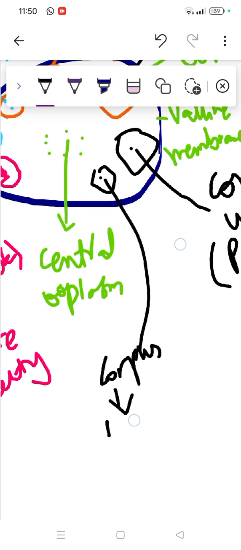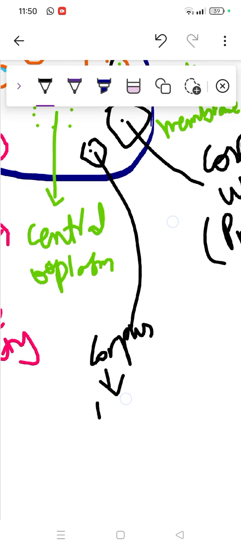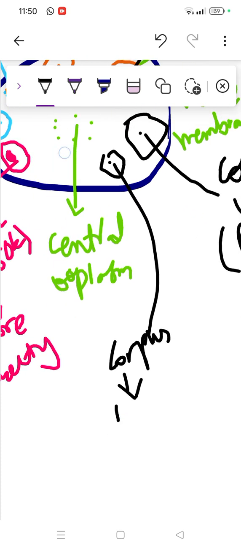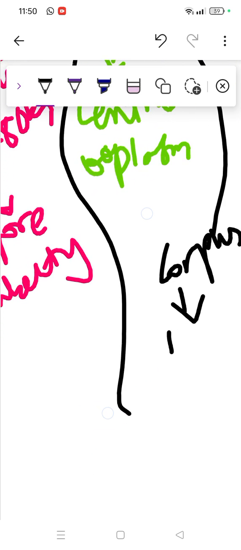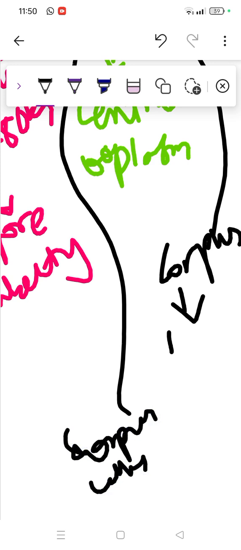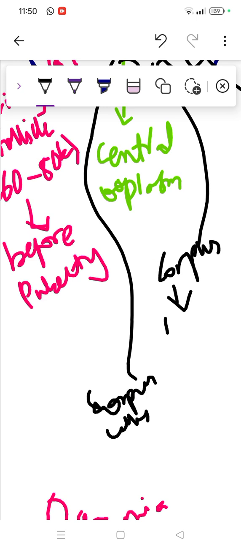After that, you'll see this is called the corpus albicans. This is the end part. If there's no fertilization, they will not have any functions, and then again the cycle would continue. I'm sure it's clear to you.